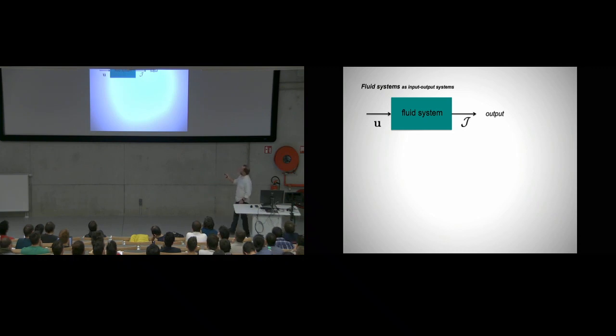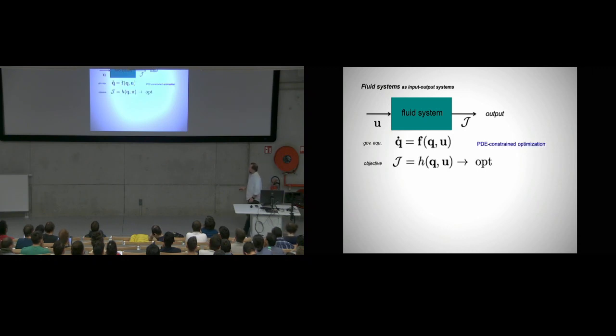That's my output. So then, by learning more about the problem, I'm going to write this down as an optimization problem. I want to make this output, the drag, for example, as large or as small as I can by playing around with my control variable. So this turns into an objective definition.